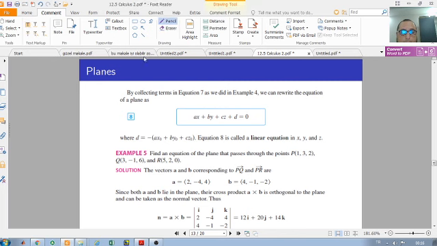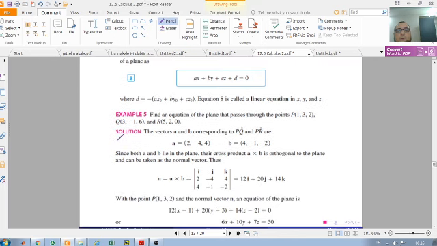Now find an equation of the plane that passes through the points P, Q, and R. So we know 3 points on the plane, and we want to find its equation using one of the forms of the equation of a plane in three-dimensional coordinate system.